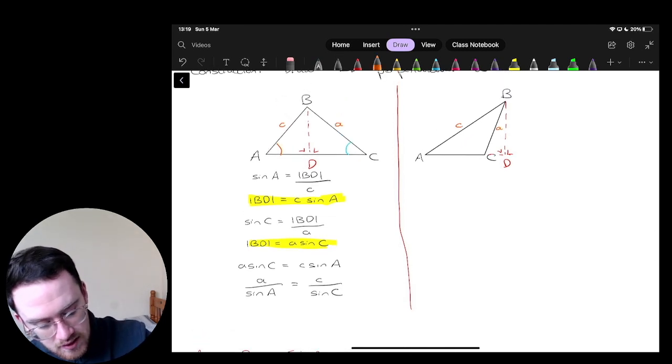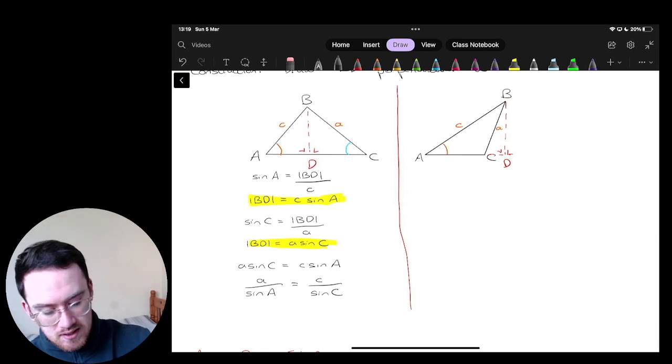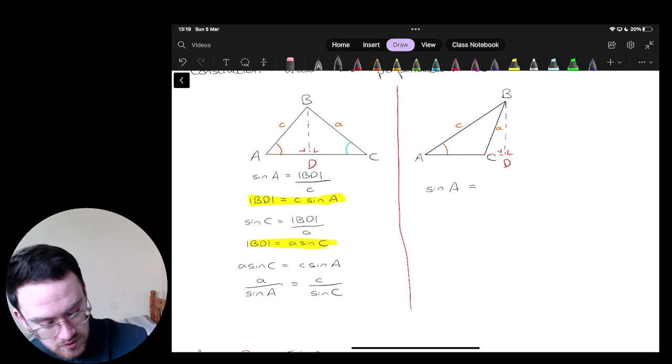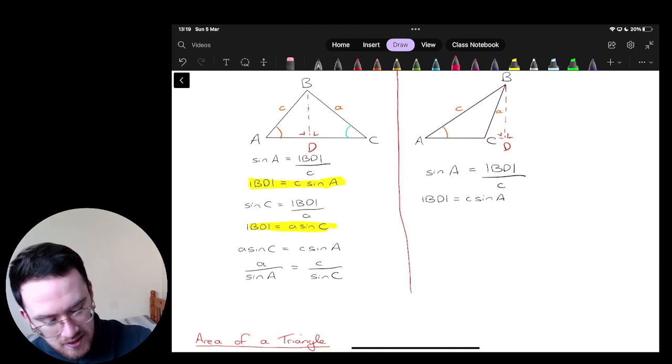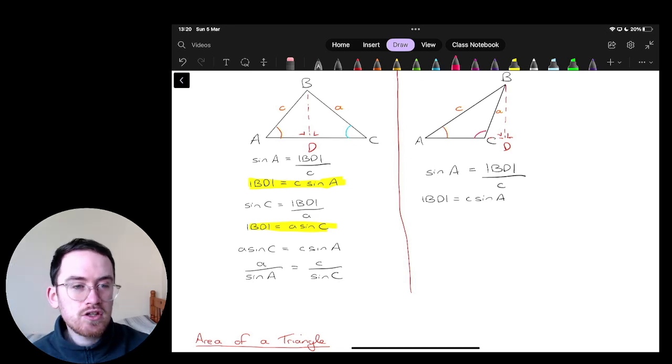So again, picking our angles, we'll start with angle A. To get angle A, I need sine of A, which is going to be BD over my side C. So again, I get BD is C sine A. To get sine C, what I have to be careful of is that I have C here, and that's not actually the one that I want to work with.